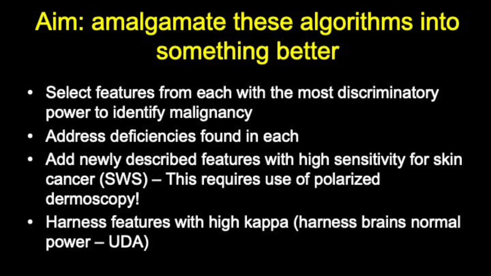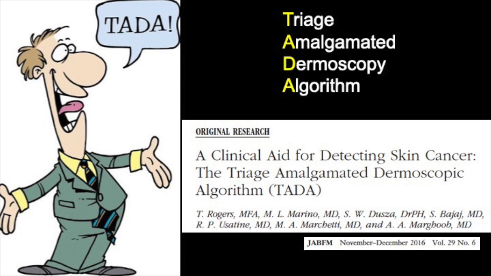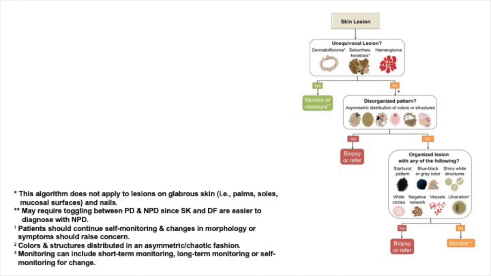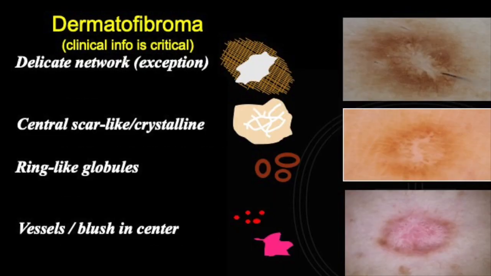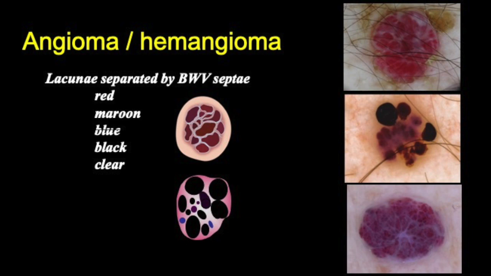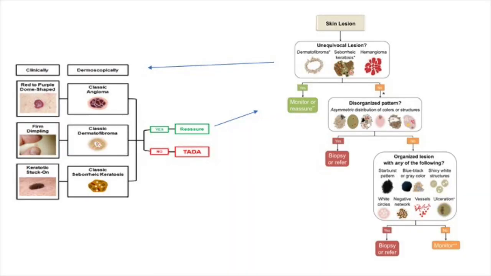Take all of that information, amalgamate it into one, and you get the TADA algorithm, triage amalgamated dermoscopy algorithm. And what does it say? It says that if you know it's a seborrheic keratosis both on clinical and dermoscopy, that these are the features you see and nothing else, or if it's a dermatofibroma that feels like a dermatofibroma and dimples, has only these structures and nothing else, and if it's an angioma that looks exactly like an angioma with the septae that separate, those lesions you can ignore and send the patient home.